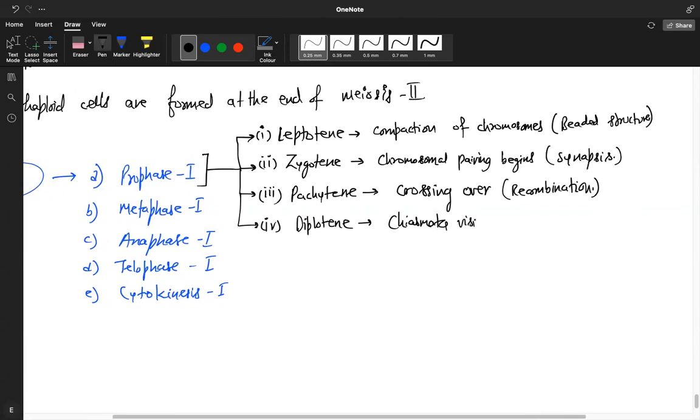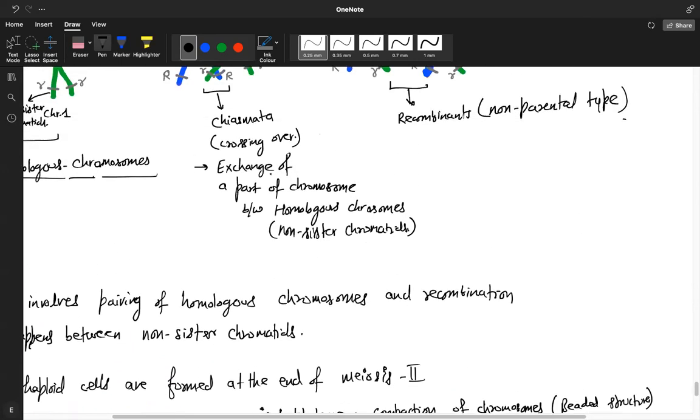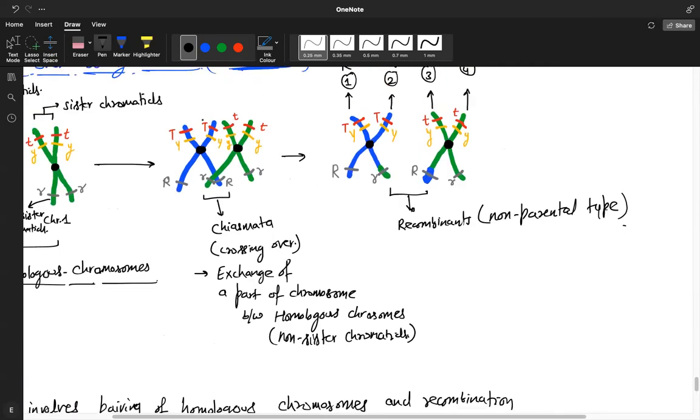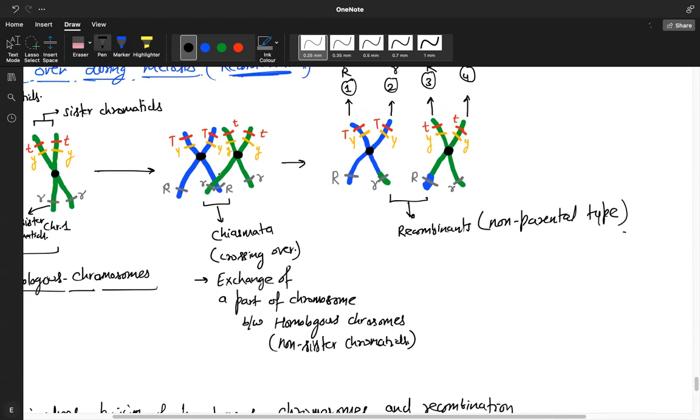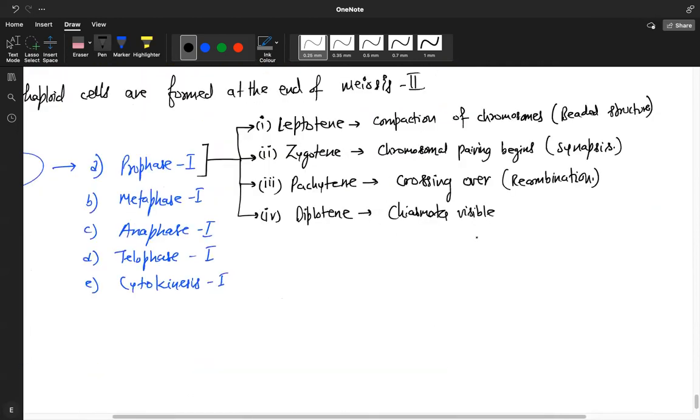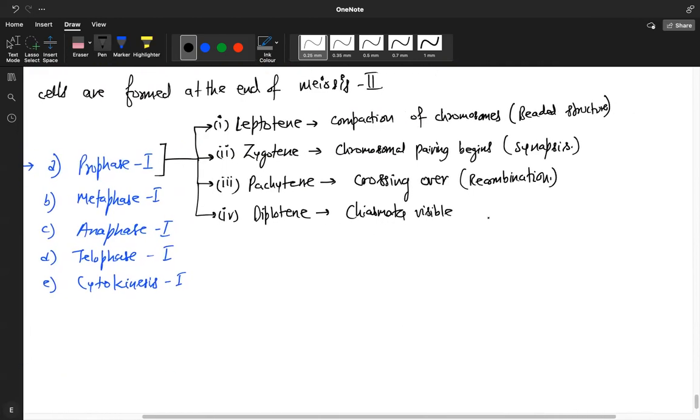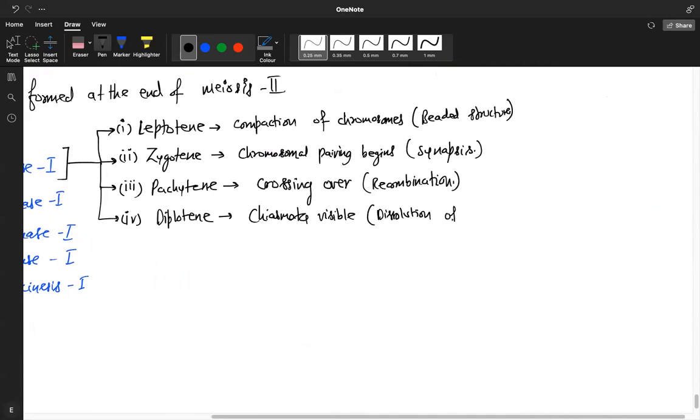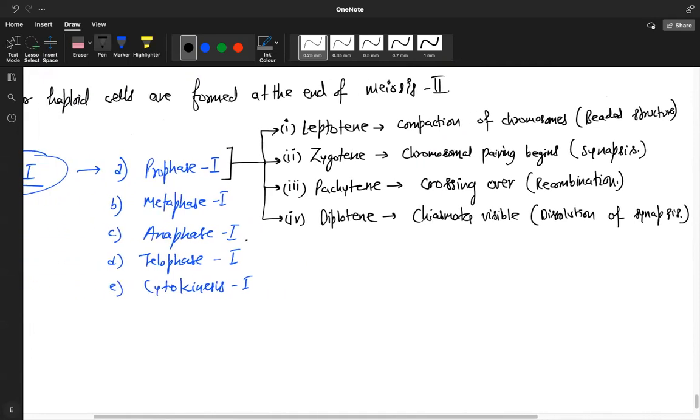Remember I told you this part? The whole chromosome will separate from each other, but just the chiasmata will be visible. You can also say dissolution of synapsis. Remember this synapsis formed in zygotene so that in pachytene crossing over can happen, and then in diplotene this synapsis is separated. Only chiasmata is visible.